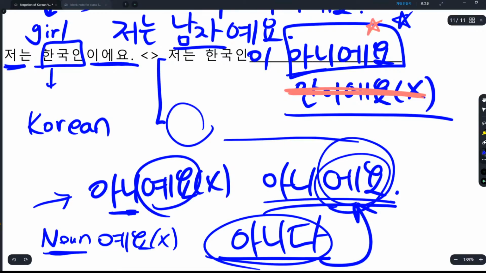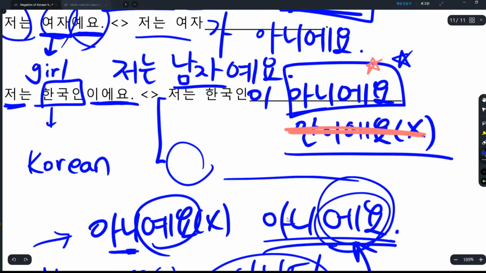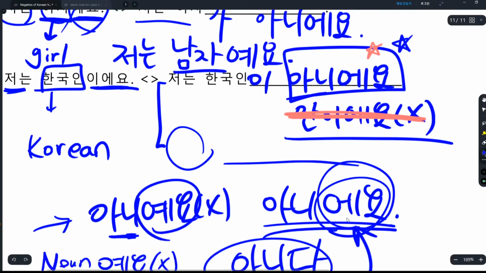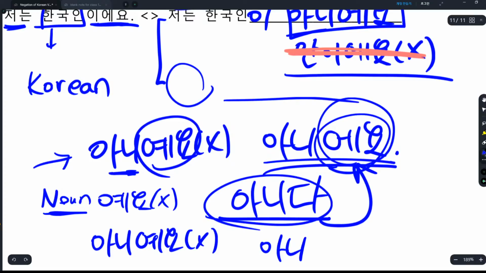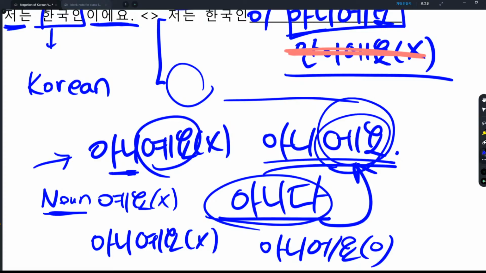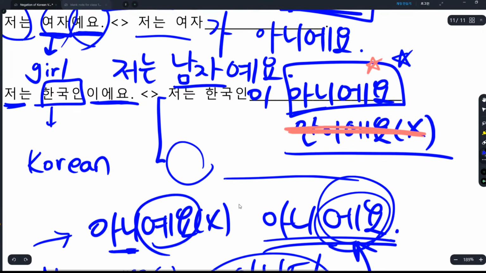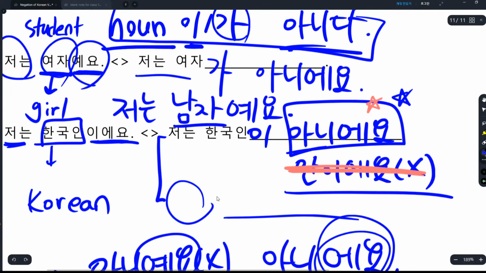So 저는 한국인이 아니에요. Be careful with the spelling, guys. Not that it's a very serious mistake if you write it the other way, but this is the correct form. So 저는 한국인이 아니에요 would mean I'm not Korean.